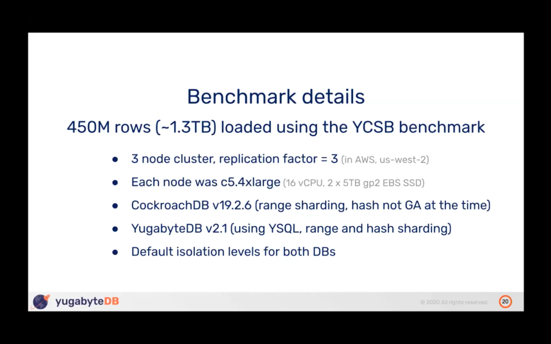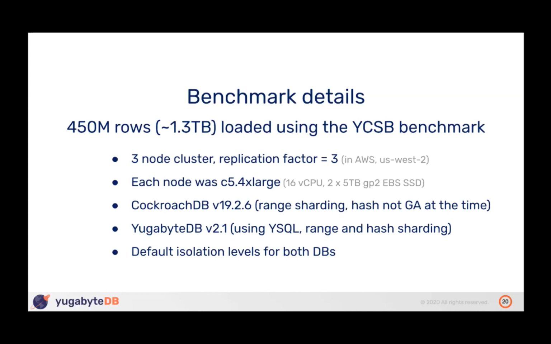We're going to look at both range and hash sharding, because one of the things that Cockroach had also said was that range versus hash makes a lot of difference in performance, so we just decided to do it both ways. In the range case, it was a pre-split table. Dynamic splitting is right around the corner, so it's going to land pretty soon and be generally available.